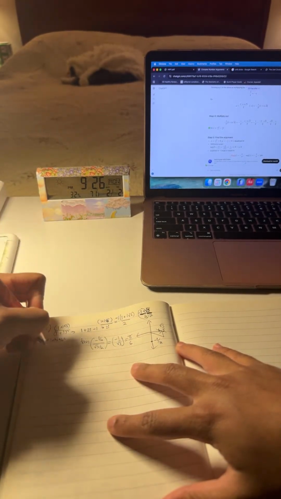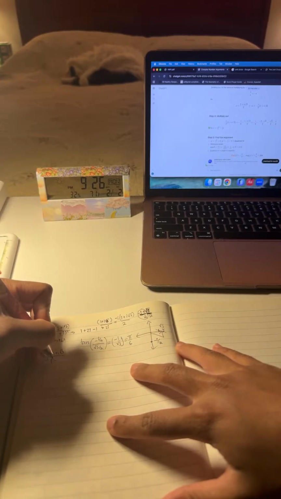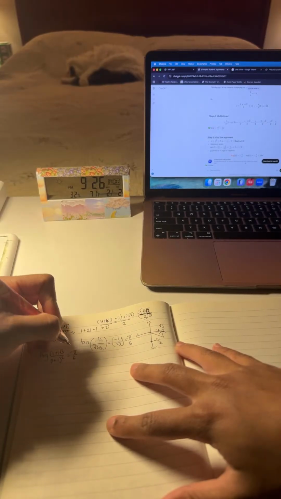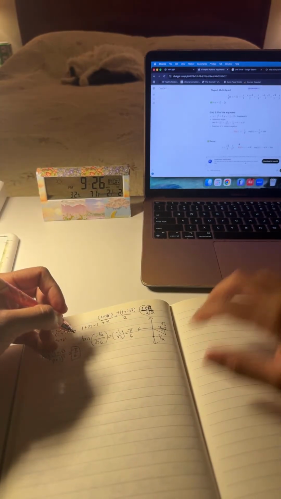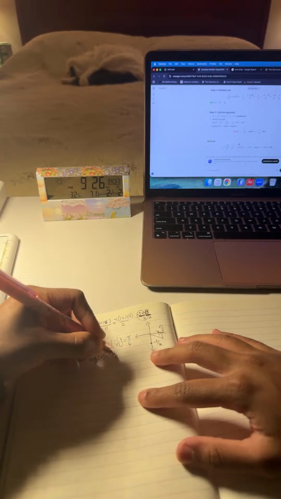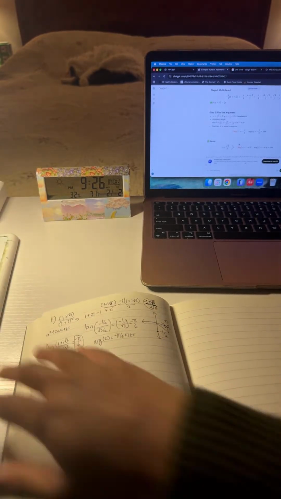So that's for the argument: 1 plus i root 3 over 1 plus i squared is equal to negative pi over 6. So the argument of z would be negative pi over 6 plus 2k pi. Alright, so we're done with that question.